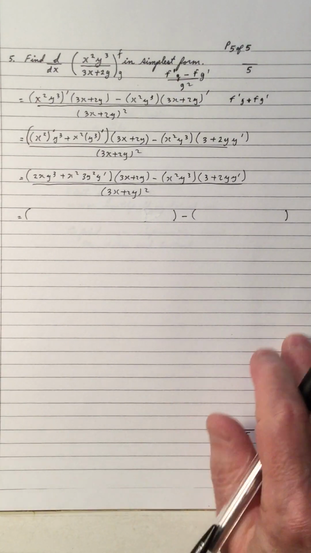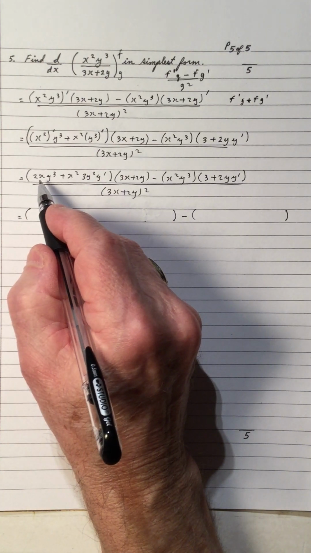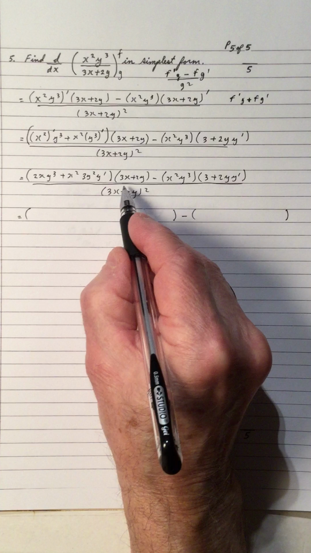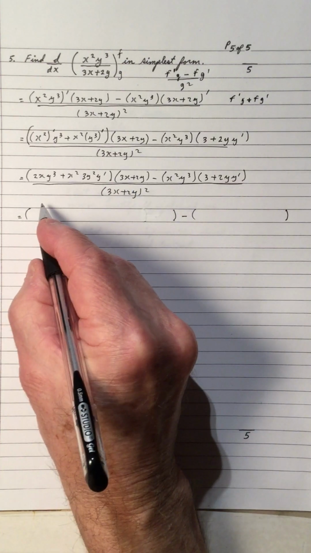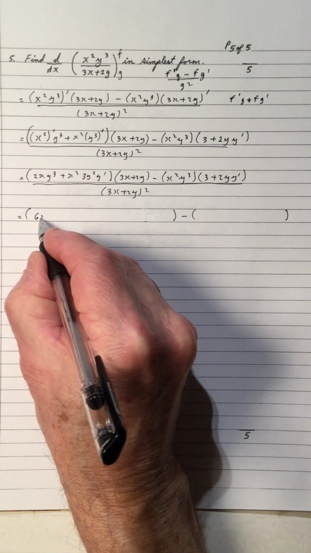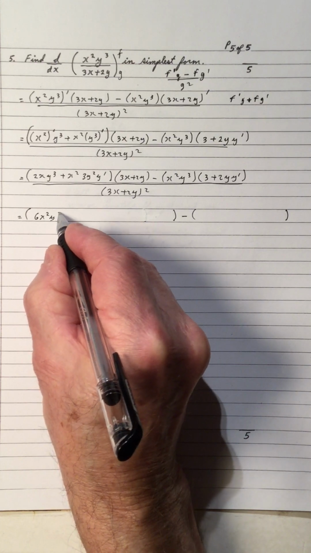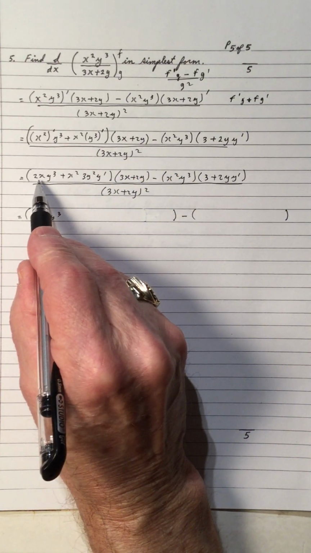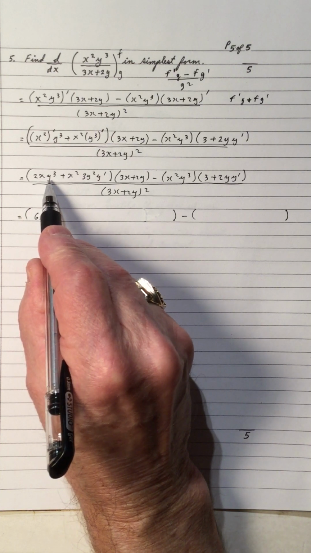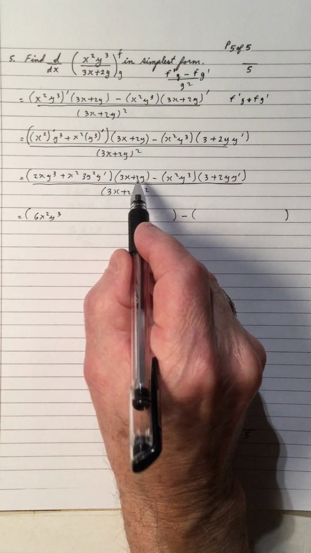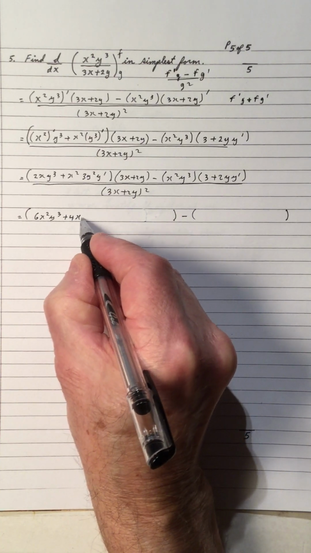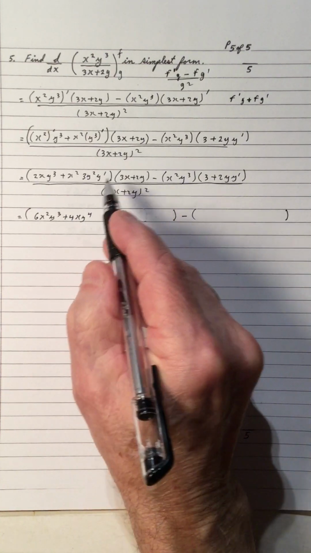Here we go. So what we have is 2x y cubed times 3x. So that's 6x squared y cubed. Now I'll take 2x y cubed times 2y. So that's a plus 4x y to the fourth.